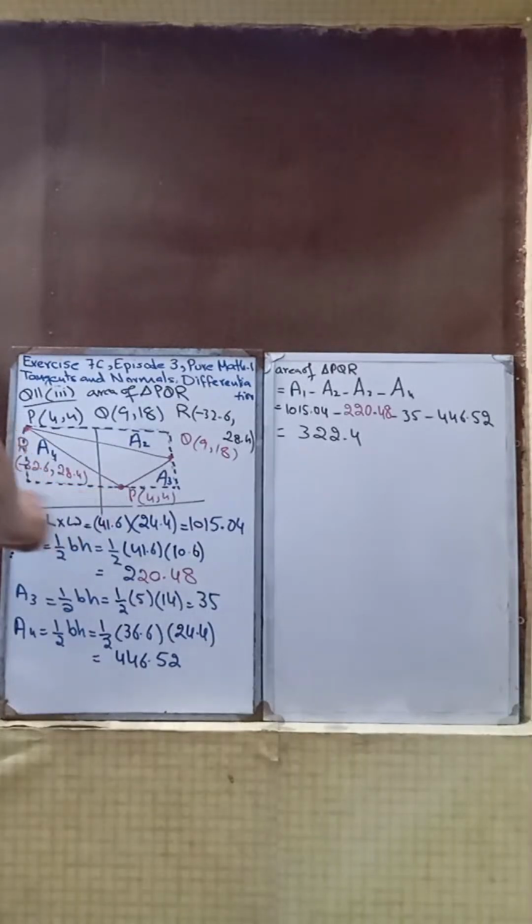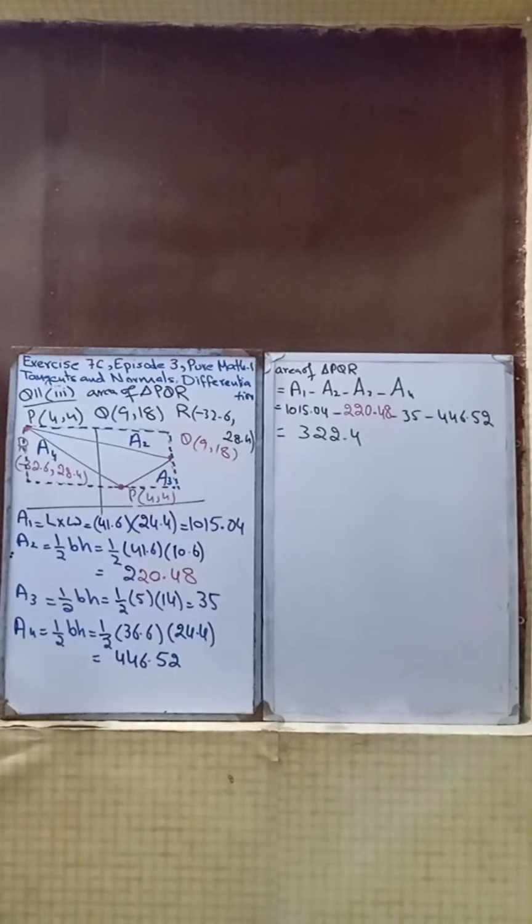In A4, we have this thing. It will be basically 4 plus 32.6, which will be 36.6. Okay, that's correct. And from 4 to 28.4, so 28.4 minus 4, and that will be 24.4. So my calculation will be 1 by 2 multiply 36.6 multiply 24.4, equals 446.52.